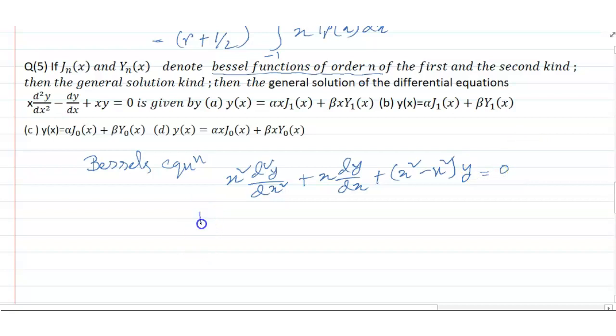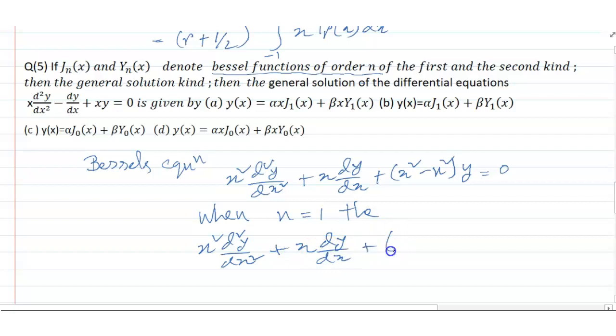Then when n equals to 1, we get x square d square y divided by dx square plus x into dy by dx plus x square minus 1 into y equals to 0.